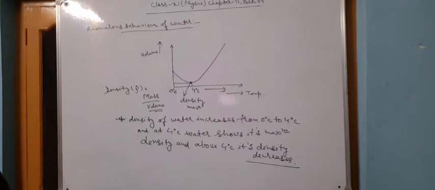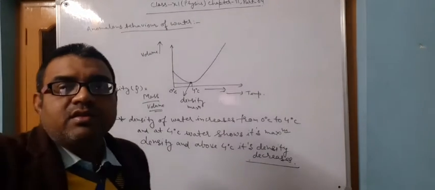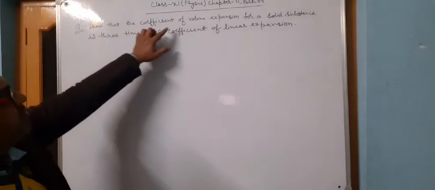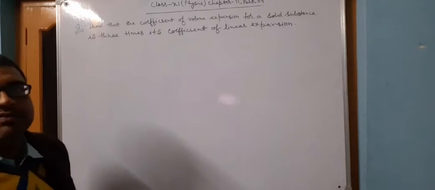Now we are going to discuss the next topic. Dear students, now look at the question in front of you. We have to show that the coefficient of volume expansion of a substance is 3 times the coefficient of linear expansion.